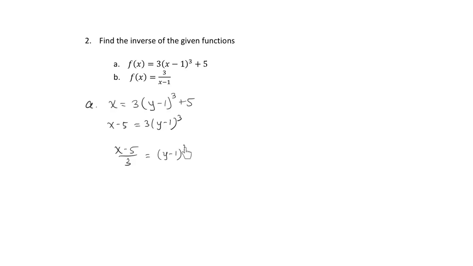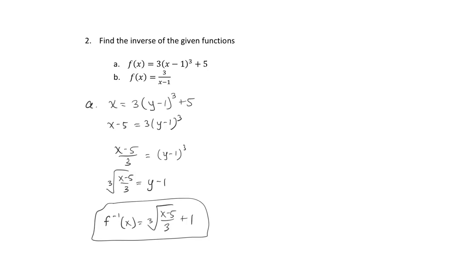Now to get rid of a power of 3, you use a cube root on both sides. And then the final step is to add 1 to both sides. So the inverse is that for part A.